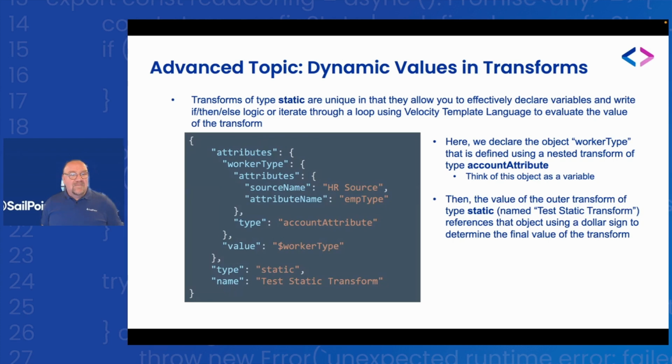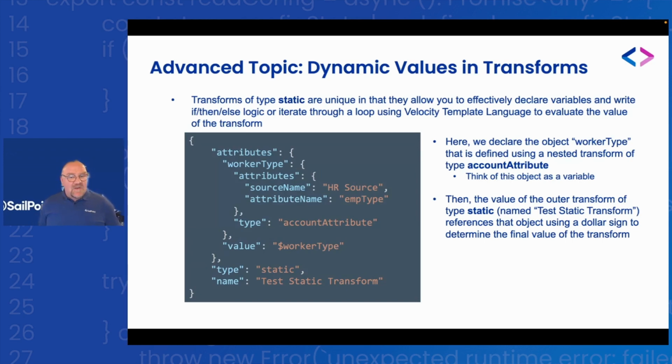So the static ones are effectively a declaration of variables which can be used throughout the transform objects, and it uses Velocity to discern its value. Here we can see that we've got worker type set as the actual value, and that is the result of the account attribute transform being brought down.